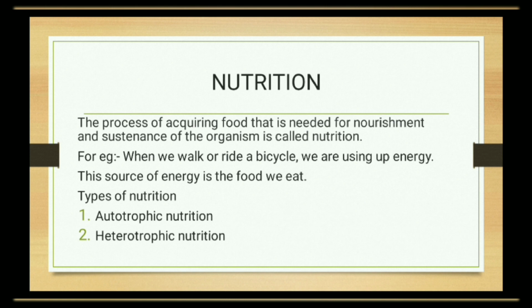Now, types of nutrition: autotrophic and heterotrophic. Autotrophic means made by ourselves, and heterotrophic means we are taking it from another, like it is prepared somewhere else and we are eating.